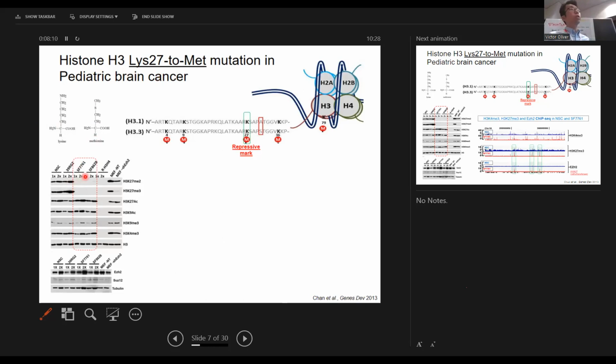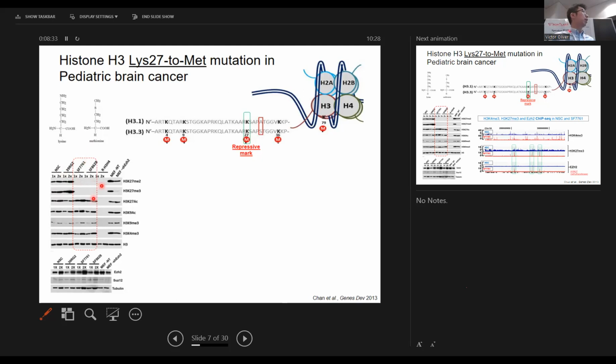The first experiment we did was a Western blot to show that histone H3 lysine 27 di- and trimethylation were dramatically reduced in the patient samples compared to the control, either a neural stem cell control or a brain cancer sample without the mutation.